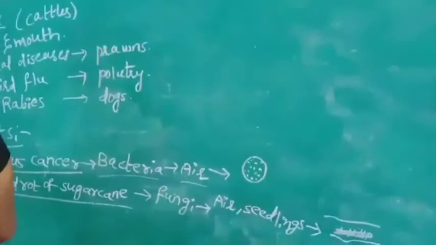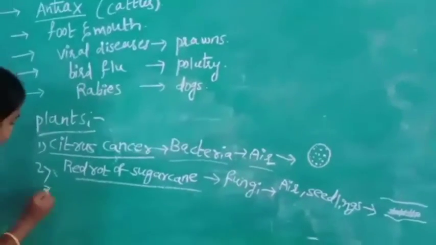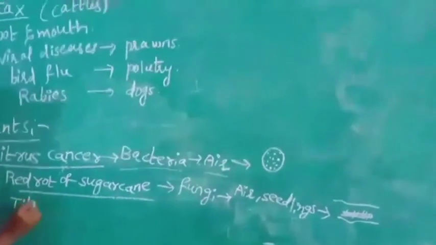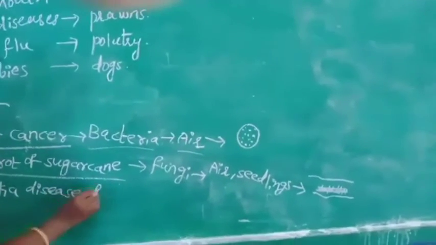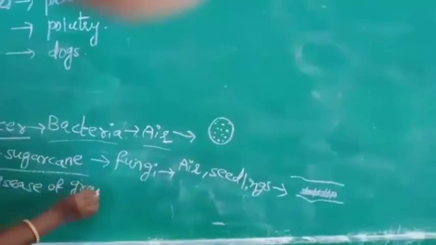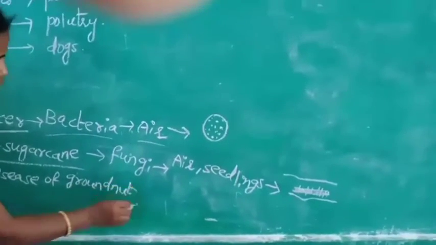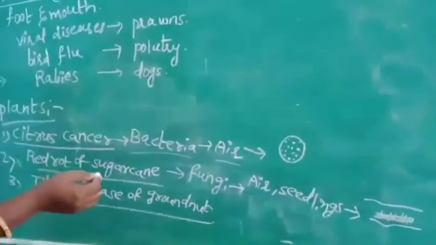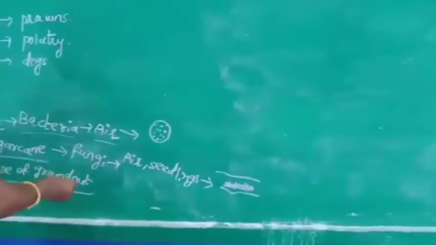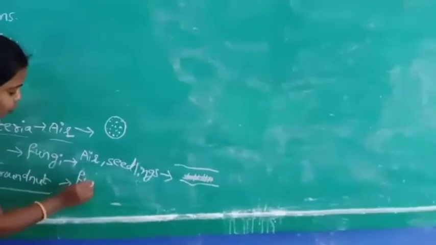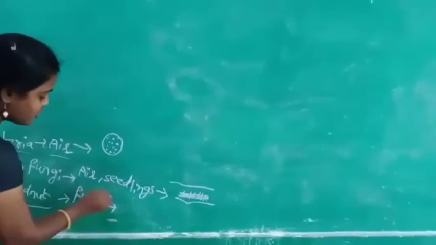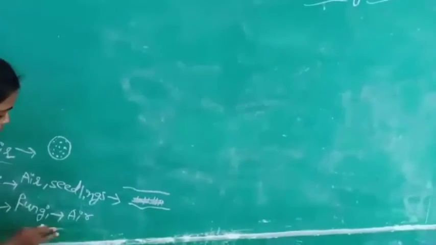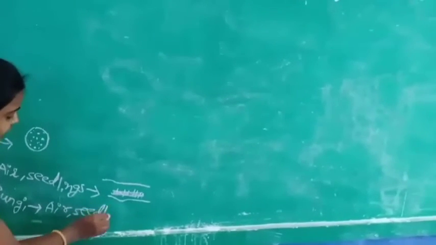Next one, third, tikka disease of groundnut. Children, do you know groundnut? In groundnut, which disease can we commonly observe? Tikka disease, which is caused by fungi, and it is also transmitted through air and seedlings.